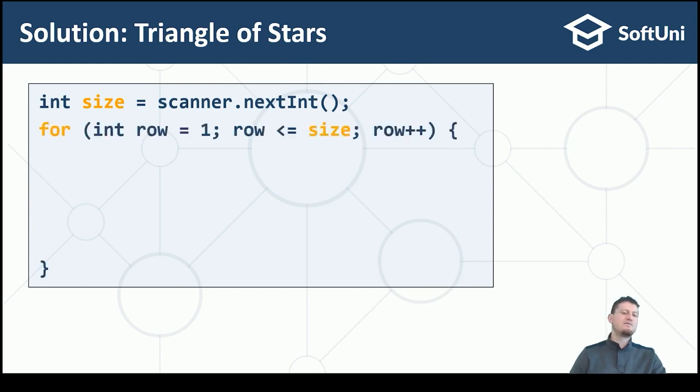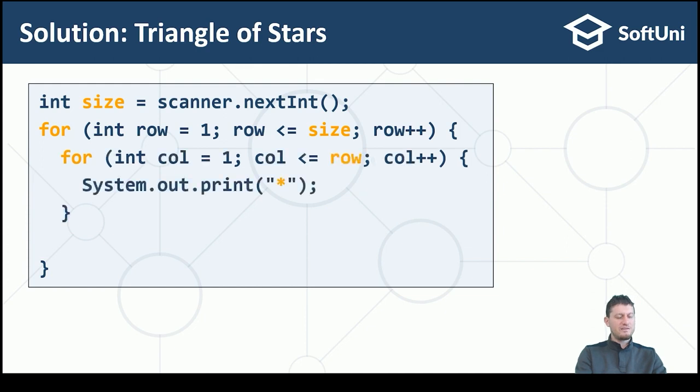Okay, so this is the solution I had in mind before the start of the lesson. I enter the size, and I change the row from 1 to size, for example, from 1 to 5. And at each row, I iterate the count from 1 to row. It's not from 1 to n, but it's from 1 to the current row.